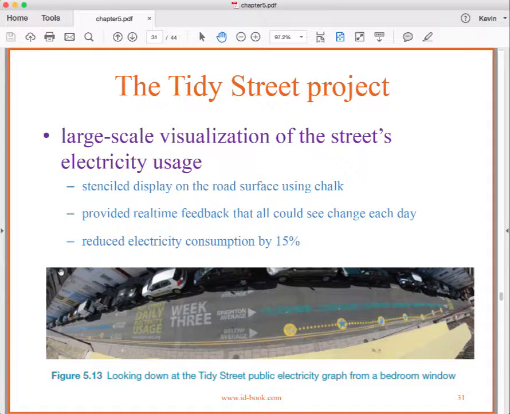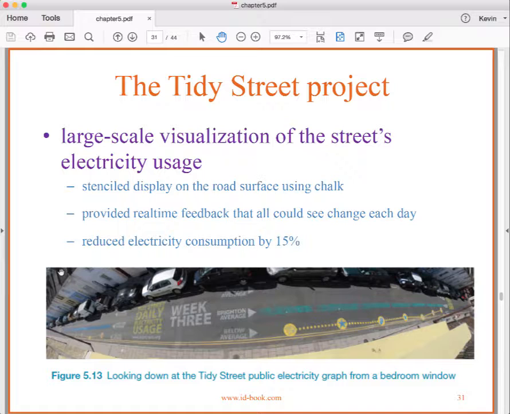Here's an example where they collected all these data about power usage in a city in Great Britain, and they gave the feedback on the street in chalk. So they had a chalk printer, and they would print the results on the street.